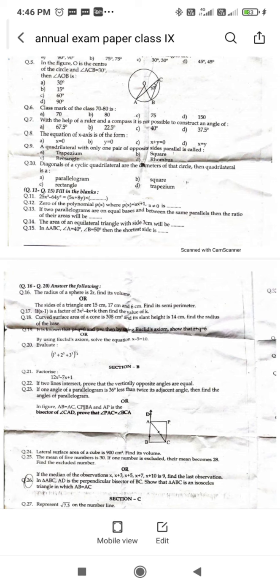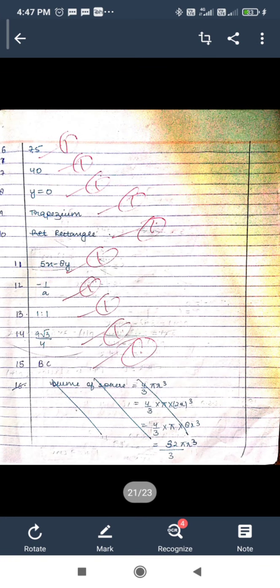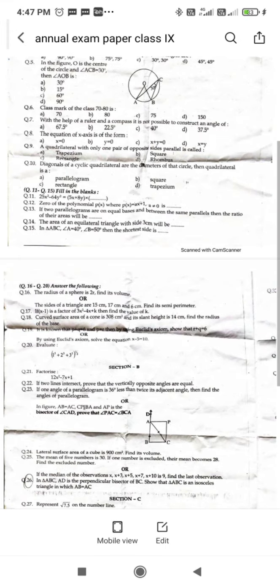Okay, so next part is, let it come back again, the same page is coming back every time. Why is it so big?